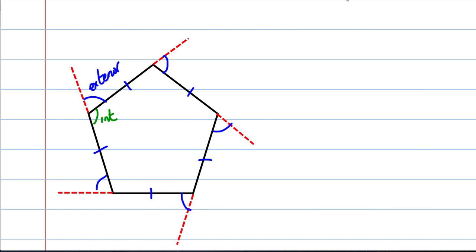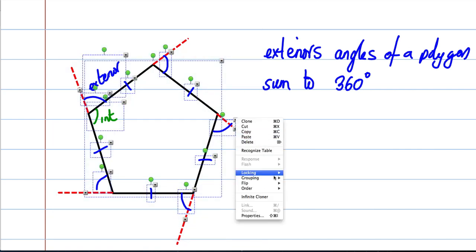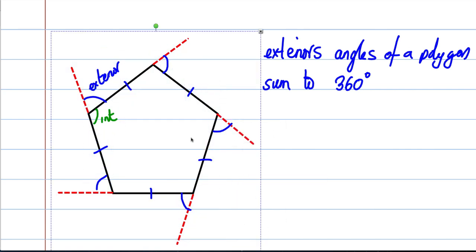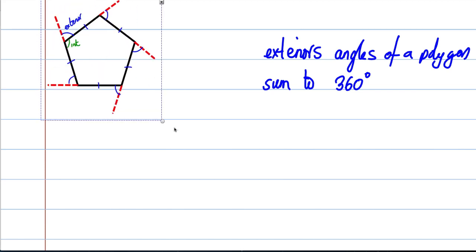So this picture is trying to show me that you always know that the exterior angles of a polygon sum to 360 degrees. And the reason you might be able to see that is, if I took this shape here and condensed it and condensed it and condensed it, can you see it makes a point, and angles around a point sum to 360?